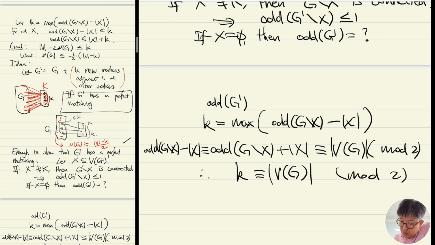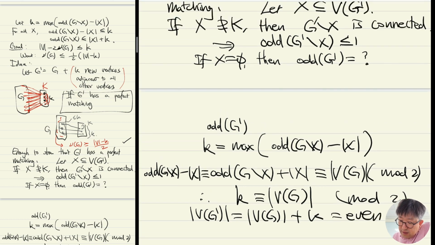And we are adding, so the number of vertices of G prime is the number of vertices of G plus K. So this has to be even. Therefore, the number of odd components in G prime is 0.